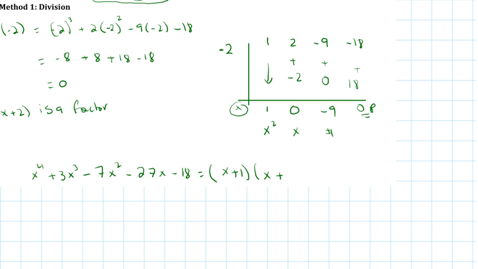Found that my first factor was x plus 1. My second factor is x plus 2. And then my quotient is x squared, since this is 0x, I don't need to write it, minus 9.